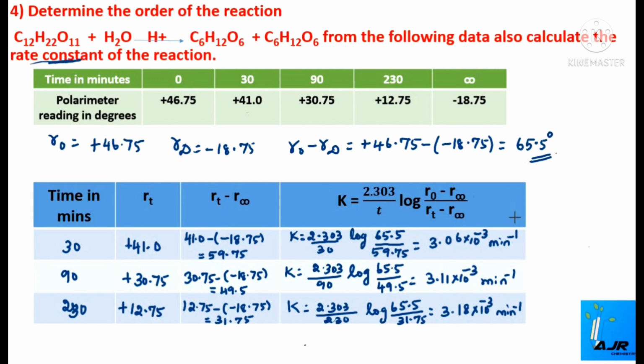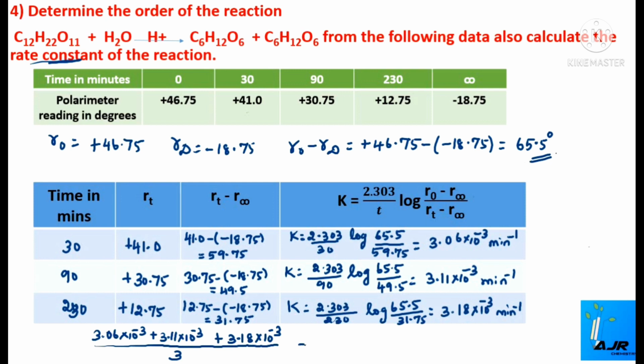The next step is to calculate the rate constant. How do we calculate it? Just add up all the rate constants and divide, that is, find the average. So 3.06 × 10^-3 + 3.11 × 10^-3 + 3.18 × 10^-3, then divide by 3.